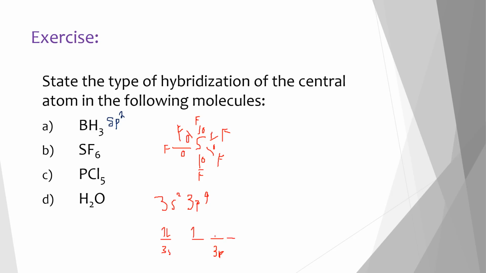You have 4, 1, 2, 3, and 4. So right now, in the unhybridized state of sulfur, as you can see here, it can only form two sigma bonds because it only has two available single electrons.